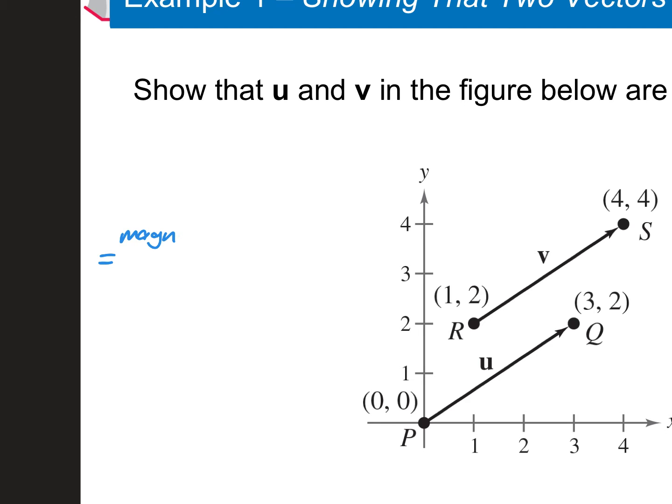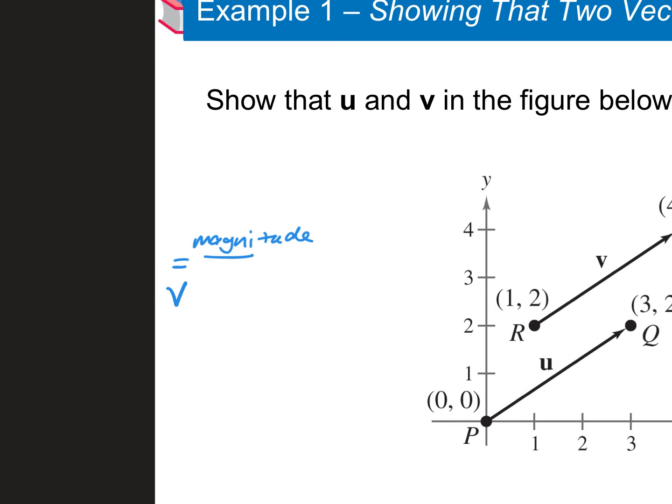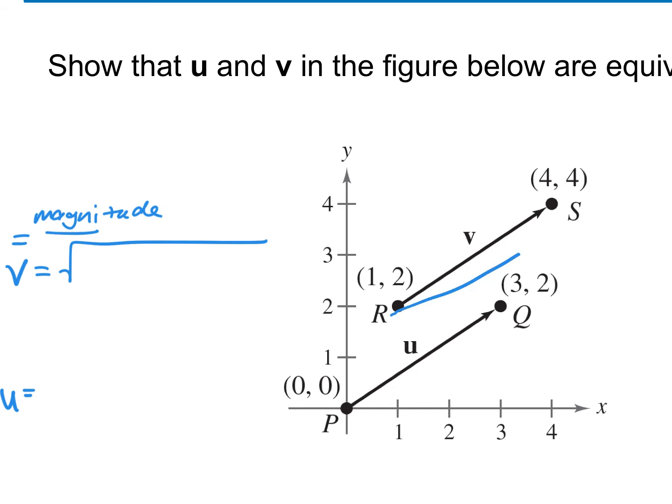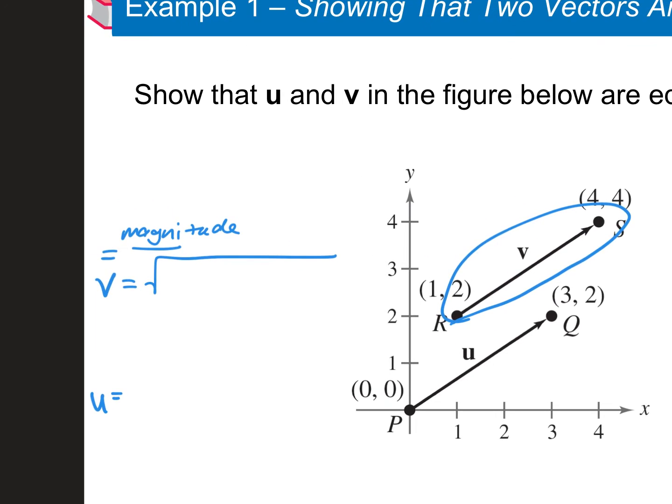So let's find the magnitude of vector V, and we'll find the magnitude of vector U. That's just the distance. So here is V, right here. We have our points, right? So 1 minus 4 squared plus 2 minus 4 squared.